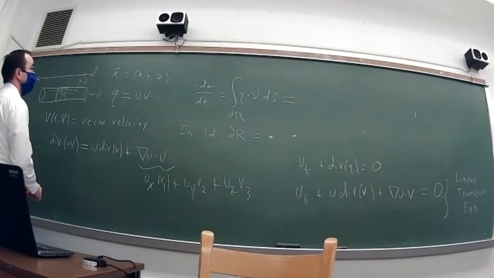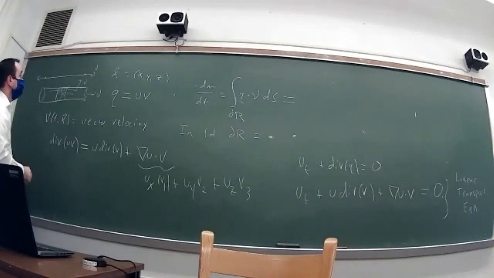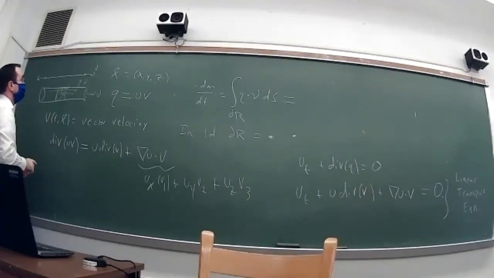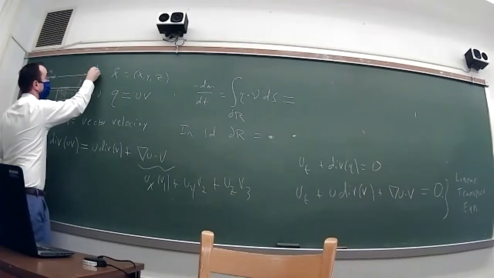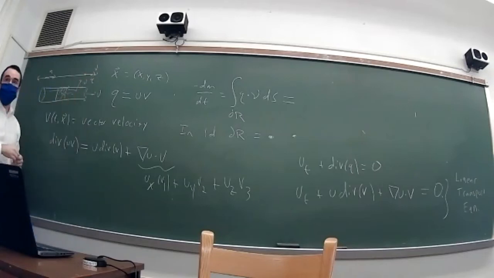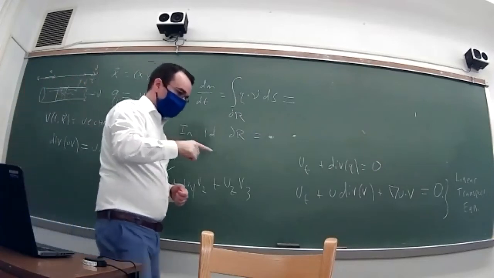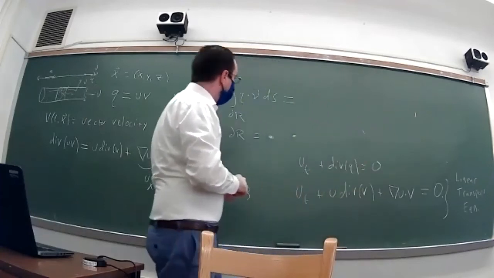If we take vector Q, what is Q as a vector quantity? I think Q as a vector quantity points this way, telling us the mass going in that direction from the orientation.